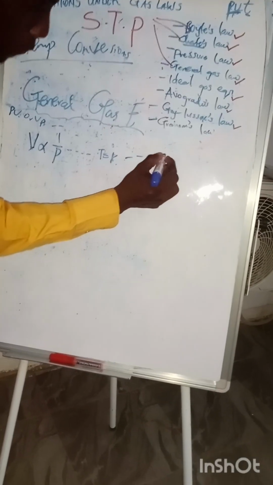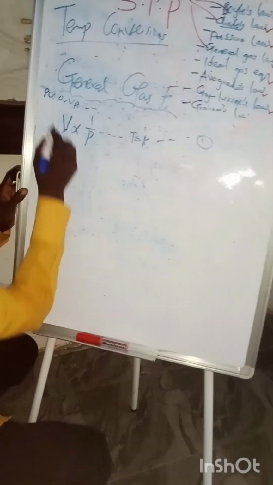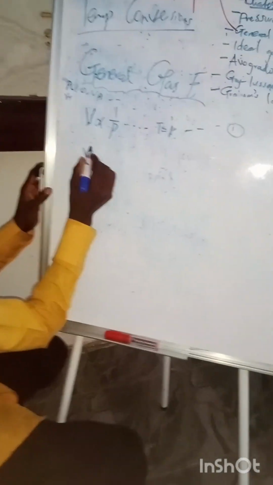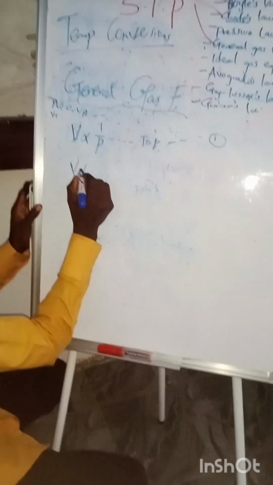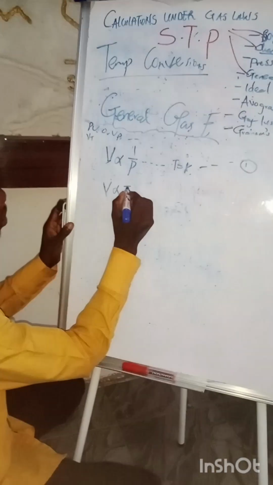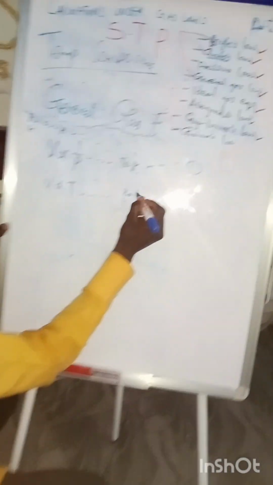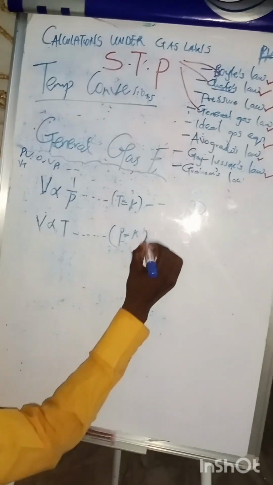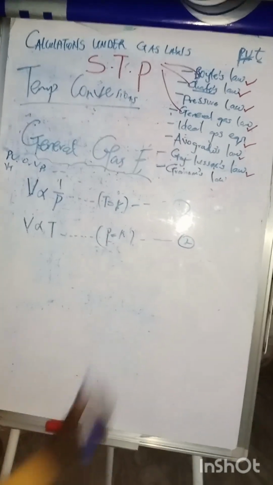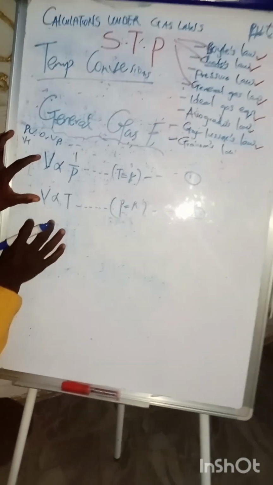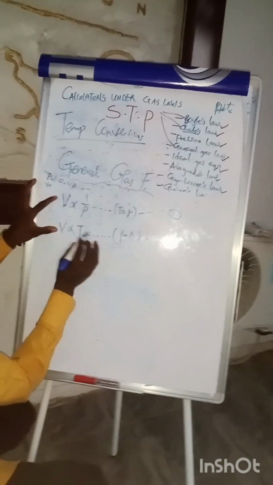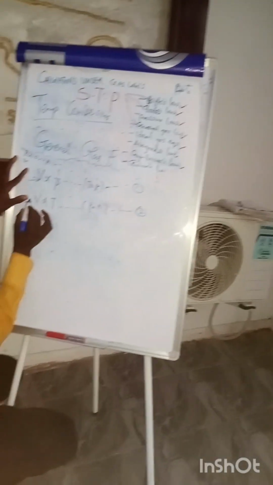Under Charles' law, this is our first equation. Now Charles' law says the volume of a given mass of a gas is directly proportional to the temperature, meaning that the pressure is constant. So this is your equation 2. The general gas equation came from the combination of both Boyle's law and Charles' law.